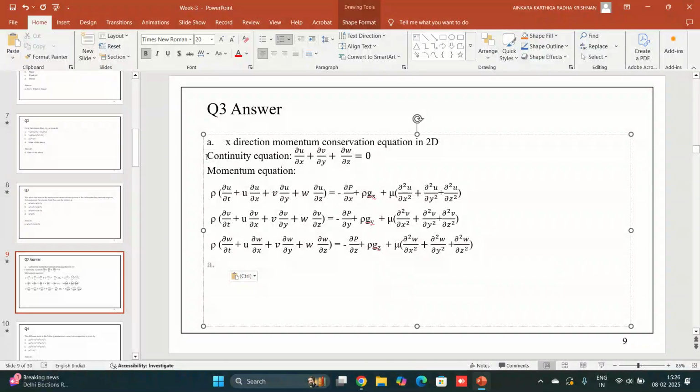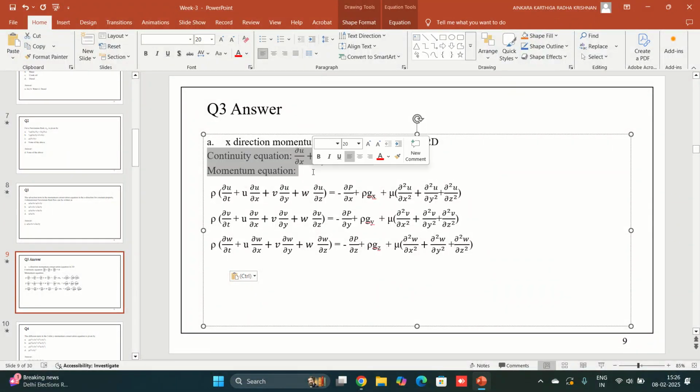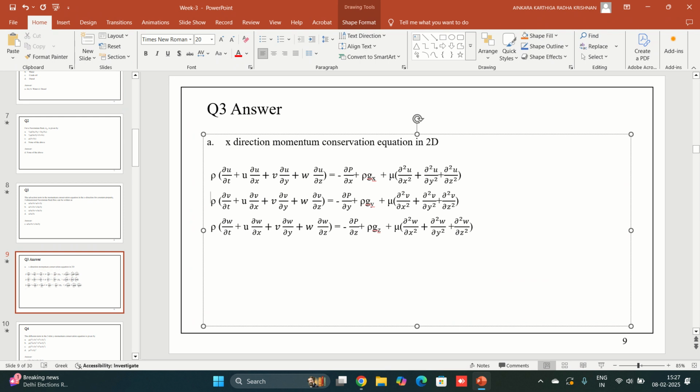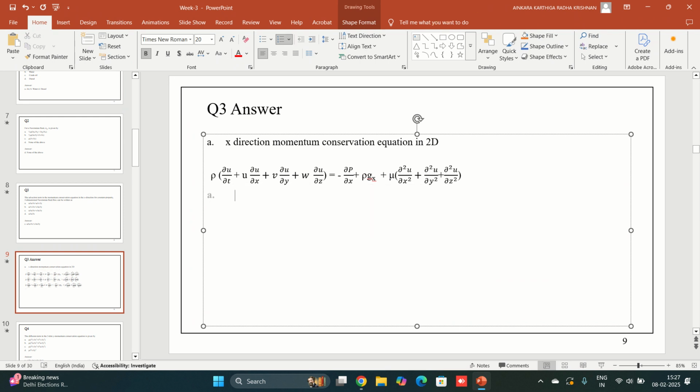So I am not going to write all the equations. I am just going to keep it with one equation only, and this is the 3-dimensional equation. But now I am just removing the third component, that is the z component.